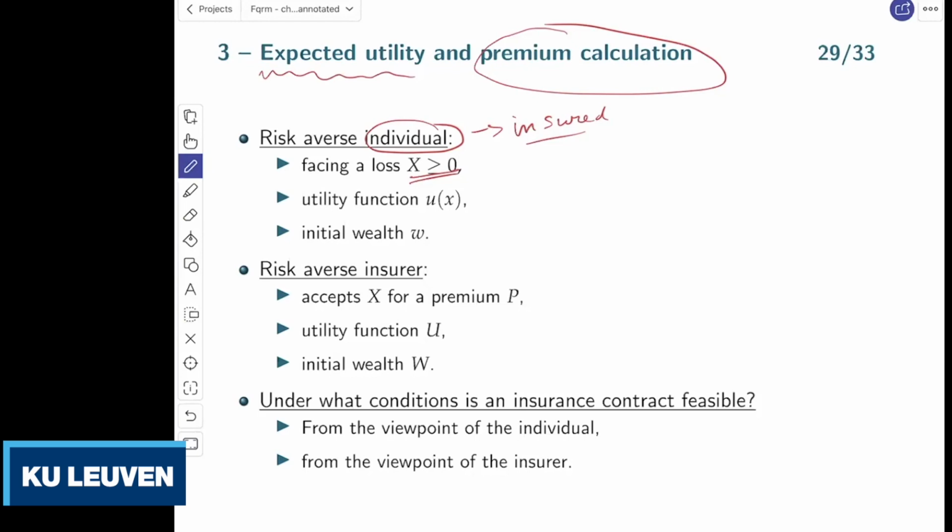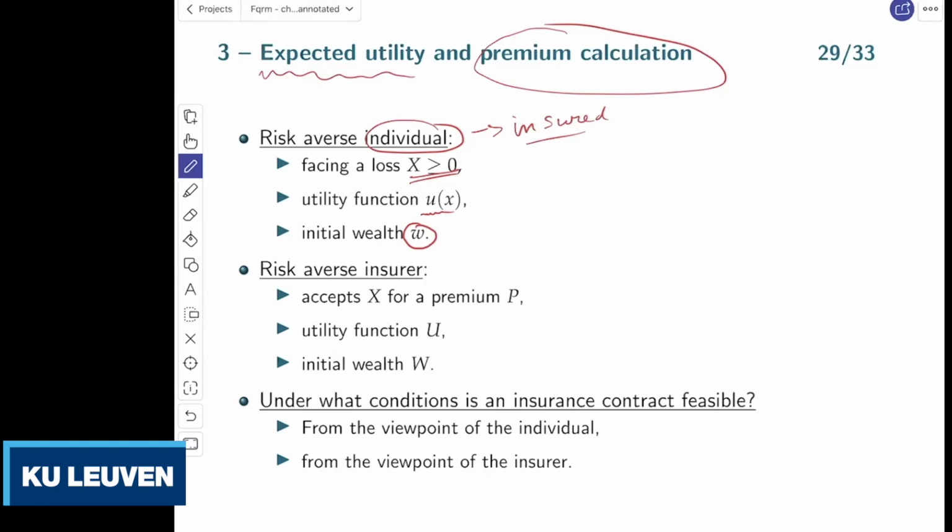And this decision maker has a utility function U to assign utilities to each level of wealth. Initially, before you decide on taking insurance or not, you are holding a wealth W, right? That's the insured, the individual. And the individual will try to figure out, should I take insurance or should I not? For the moment, we assume that we either insure the full risk or not insure at all.